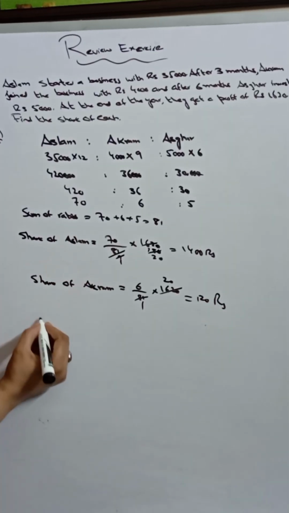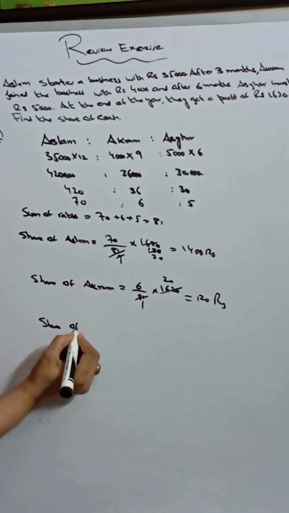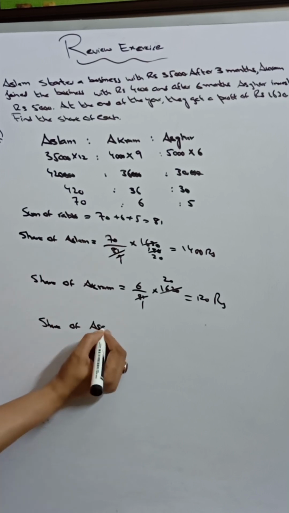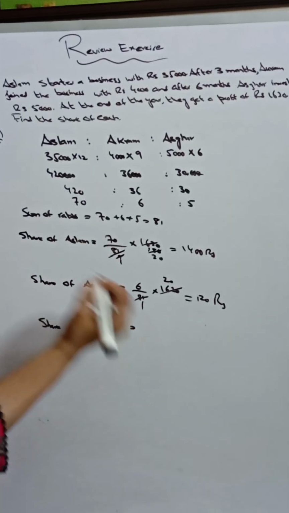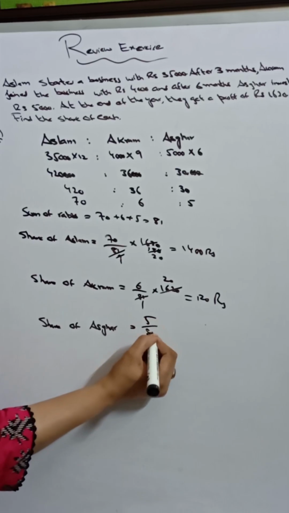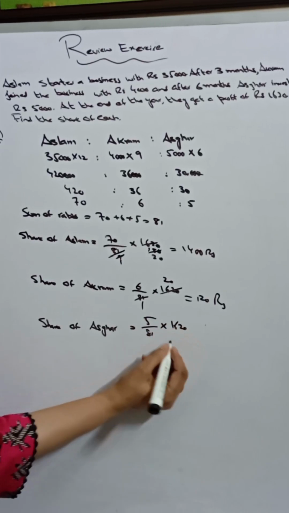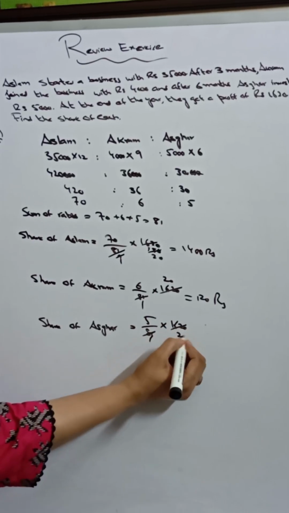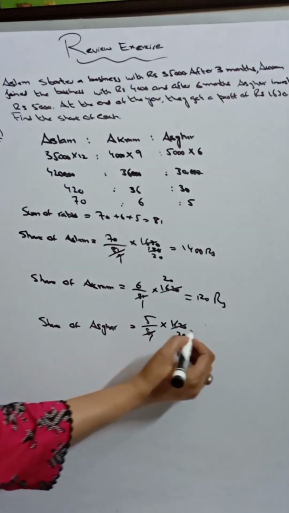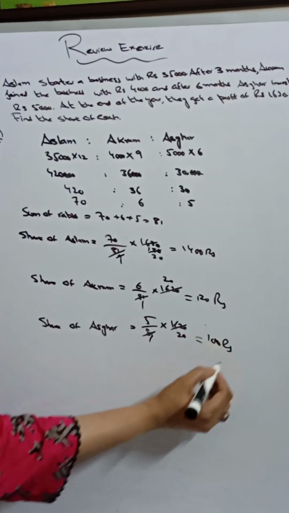Next is share of Asghar, 5 by 81 into 1620. 81 20s are 1620, 5 times 20 is 100 rupees. Answer.